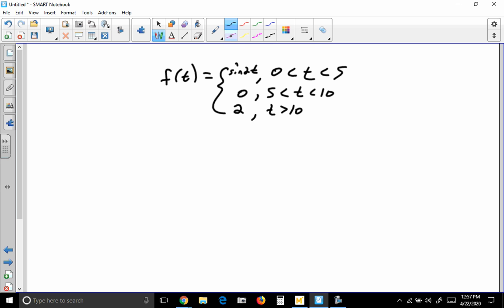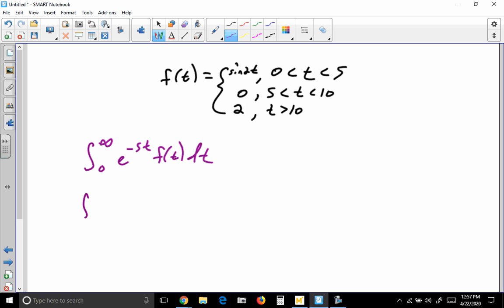So when we do our transformation, we have the integral from 0 to infinity of e to the negative st of f of t dt. So our number line is split up into 3 segments.